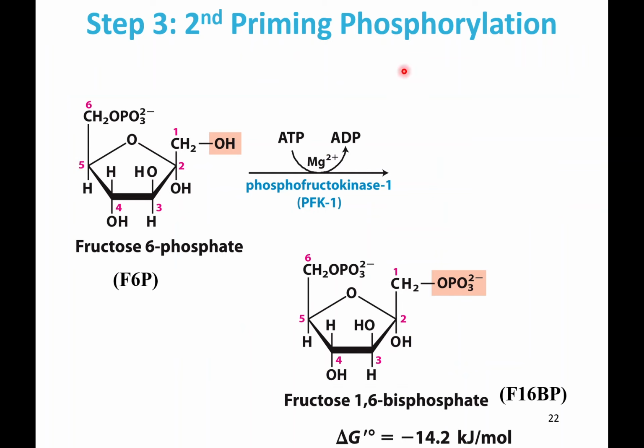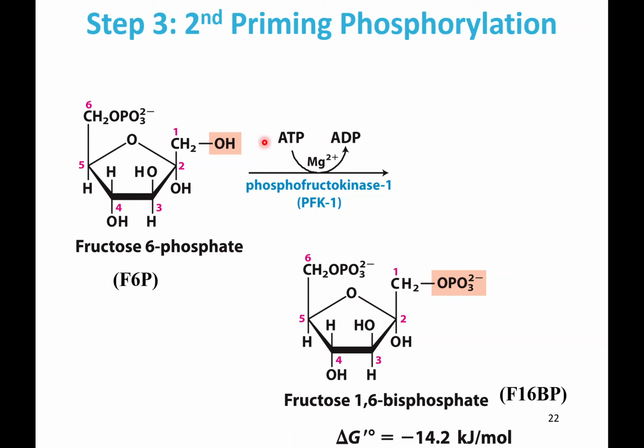Okay, step 3, this is our second priming step, and we're again using ATP. So our starting reactant would be fructose 6-phosphate.